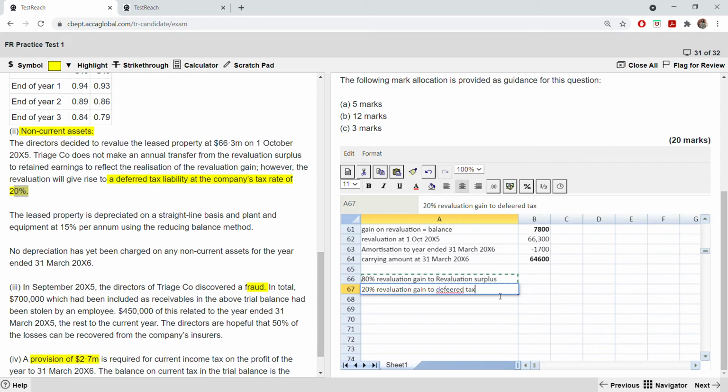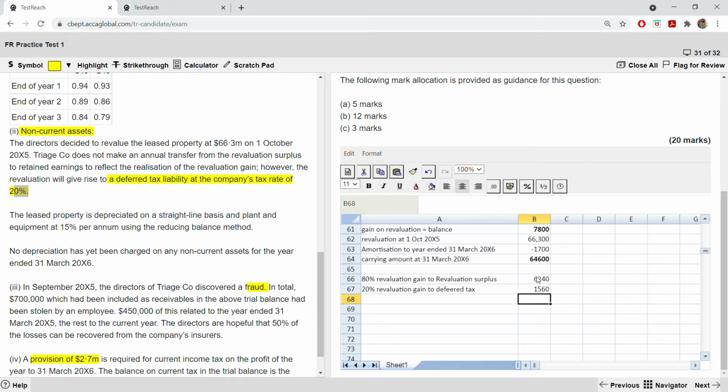It is credited to deferred tax. It's better I copy paste this here, just change the figure. So just find out the 80%: 80% multiplied by this one. And the balance is 20%, or just the difference between this minus this. You see.